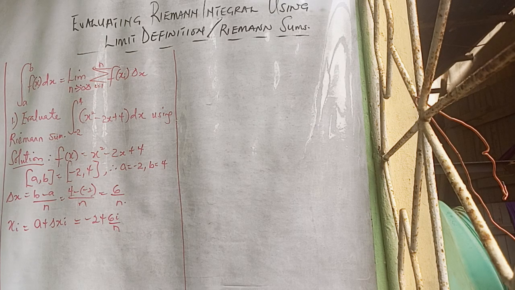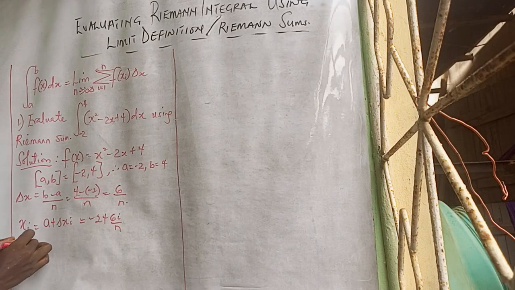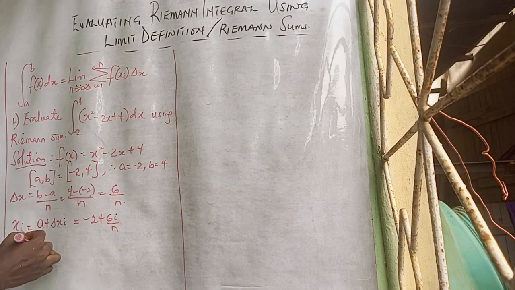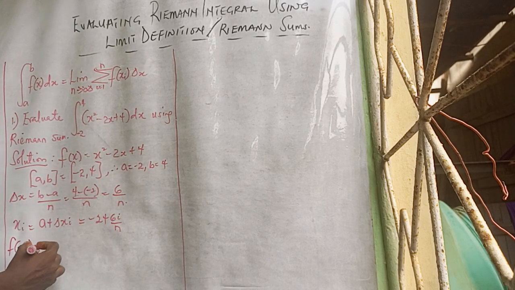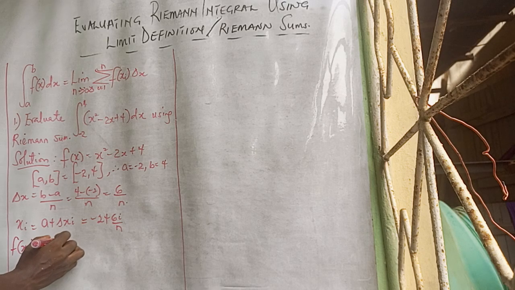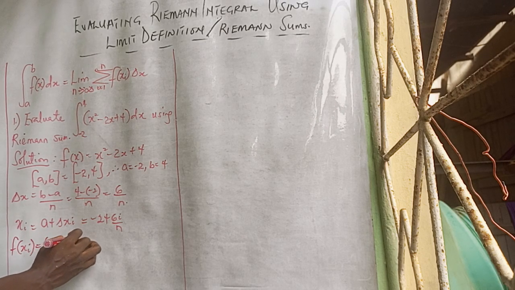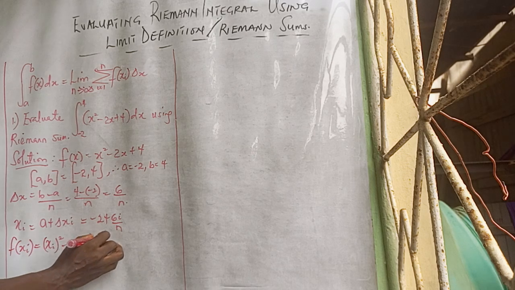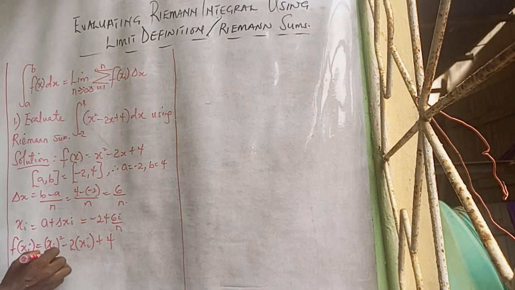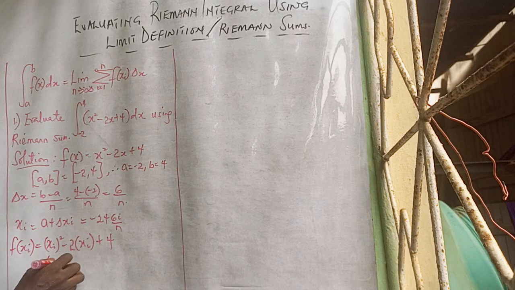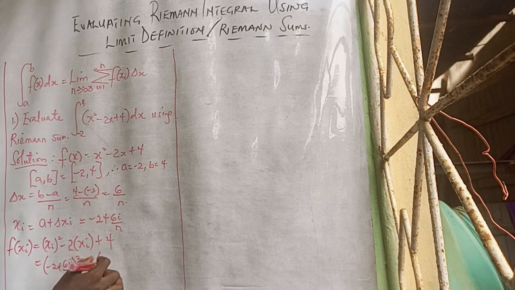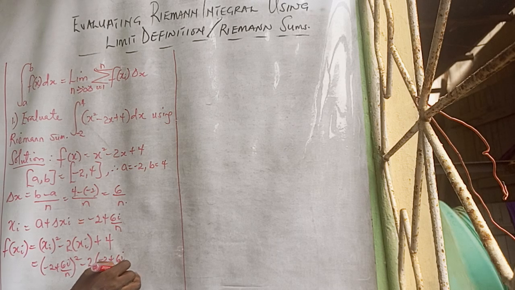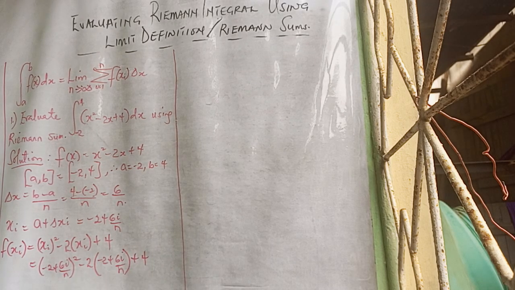If that is our x sub i, then our f of x sub i will be what? x sub i squared minus 2 into x sub i plus 4. This gives us minus 2 plus 6i over n, all squared, minus 2 into minus 2 plus 6i over n, plus 4.